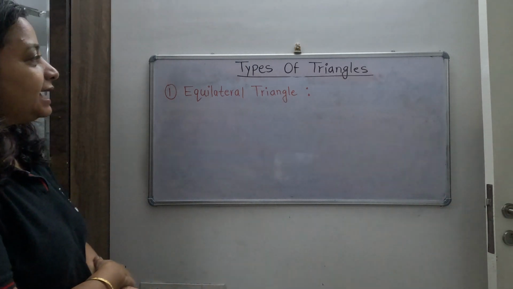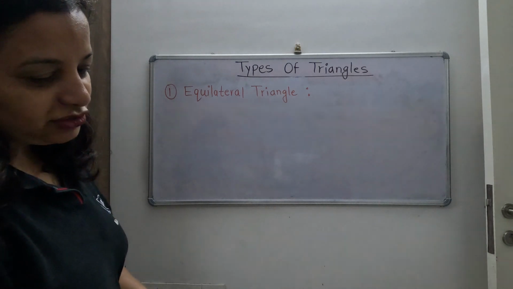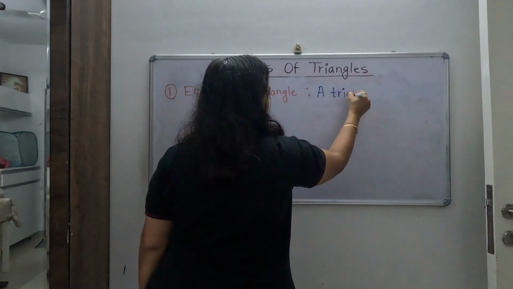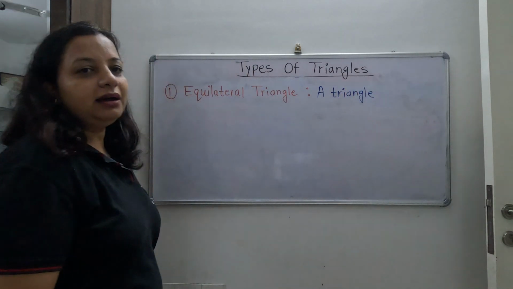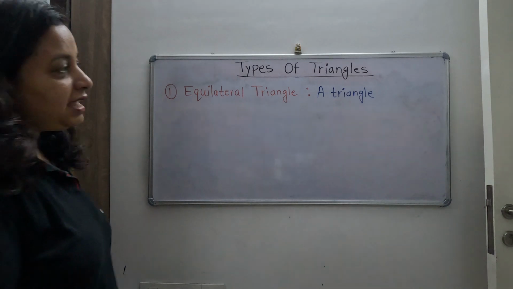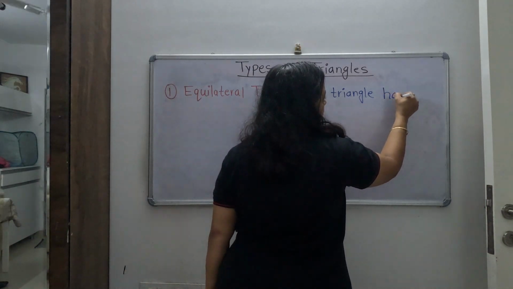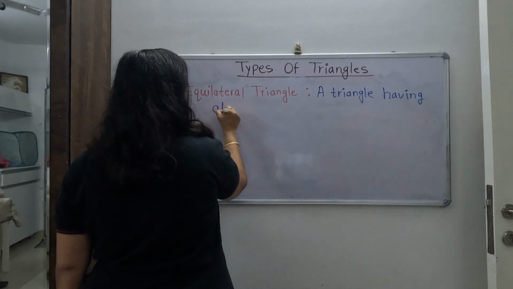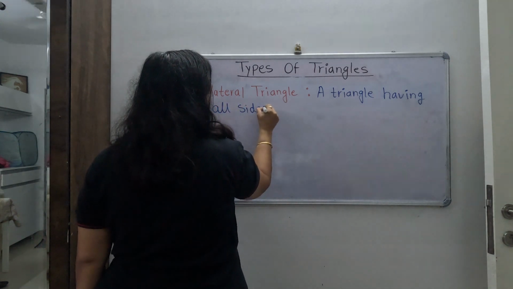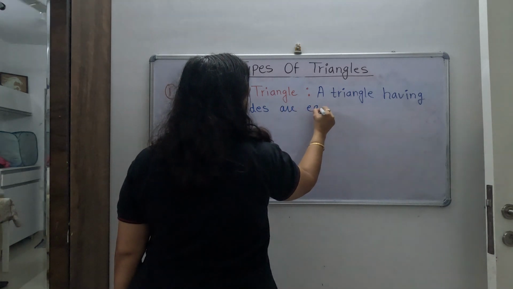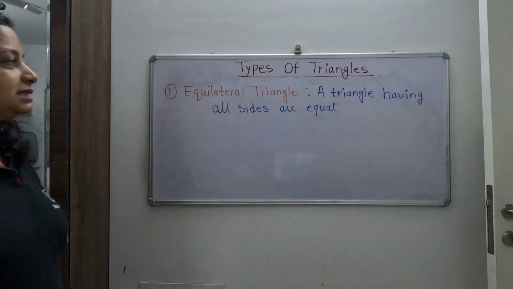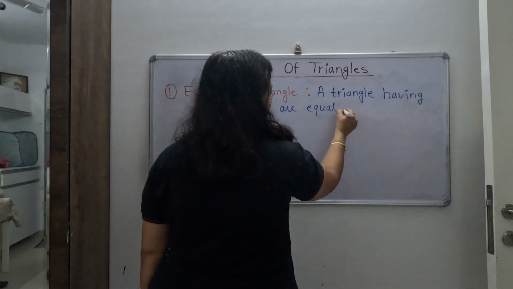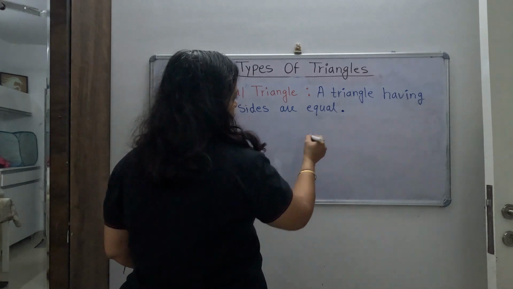Okay, so the first is the equilateral triangle. A triangle having all sides equal is called an equilateral triangle. And how will you draw it?